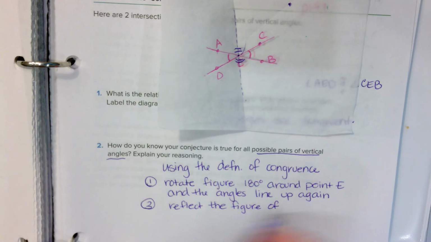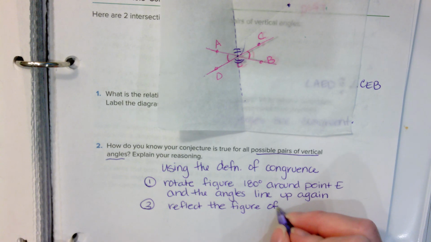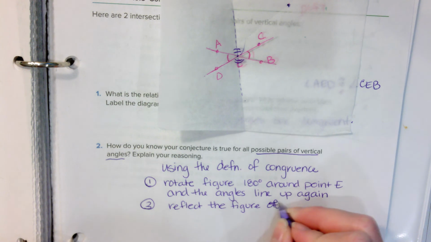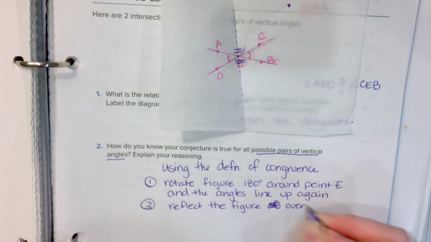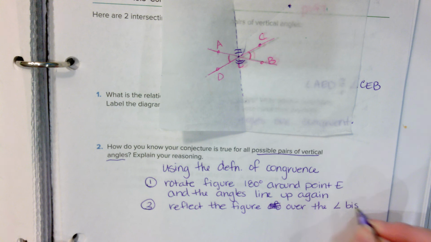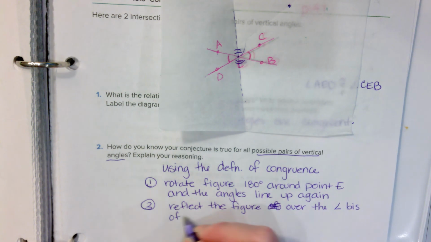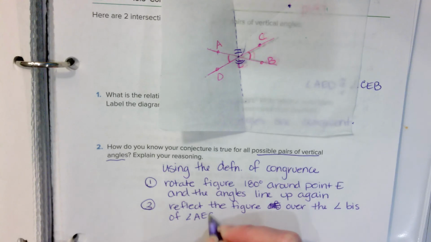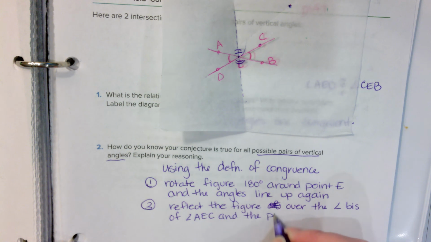So I reflect the figure over the angle bisector. I'm going to abbreviate angle with an angle symbol and bisector with BIS of angle AEC, and the pink angles in this case line up.